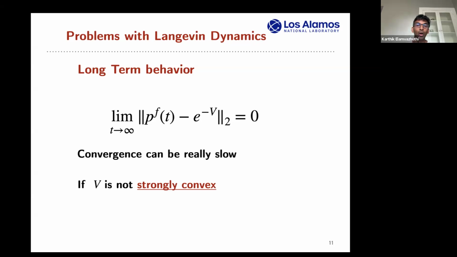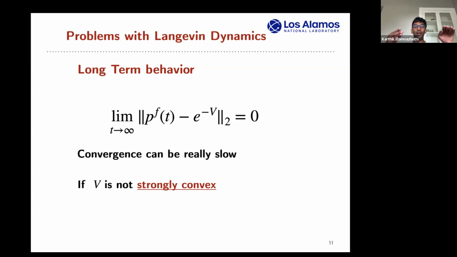And this depends on the convexity properties of the potential. So in order to attain fast convergence, you need this potential to have nice convexity properties, which means that if you draw out the V, it shouldn't have multiple local minima. And this would affect the convergence.